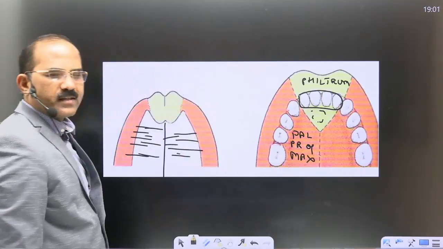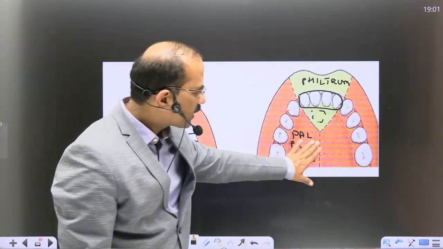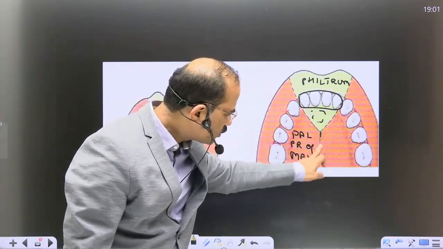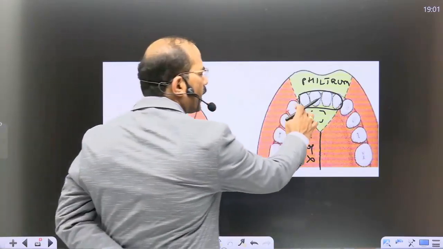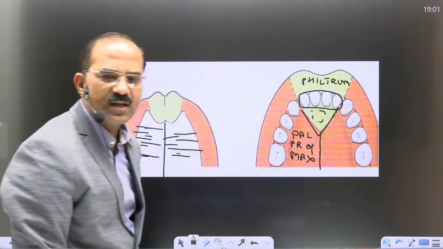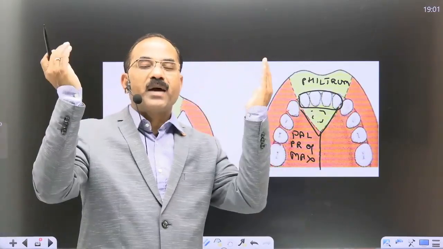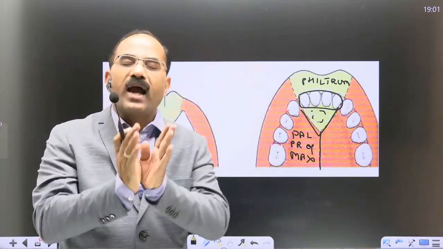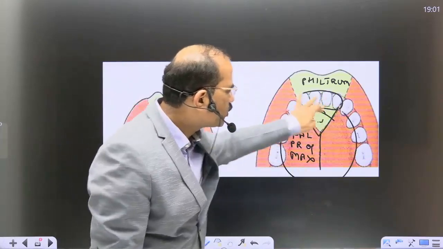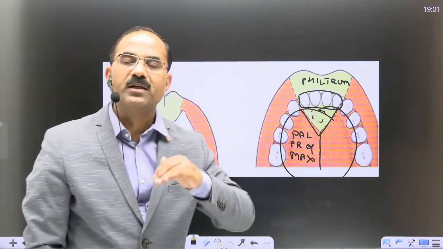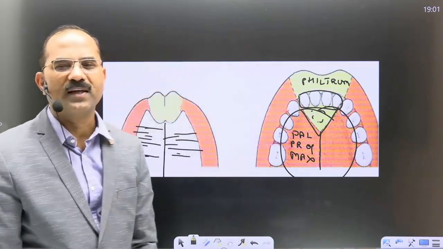So the palatine processes of maxilla are going to fuse with each other here. Also, they fuse with this primary palate. Understanding this? And this entire thing that we get here is the hard palate, right?